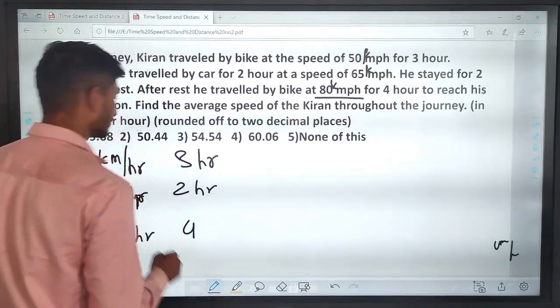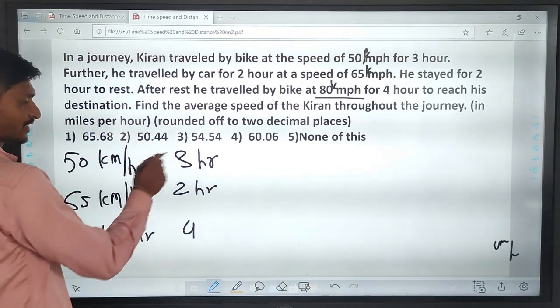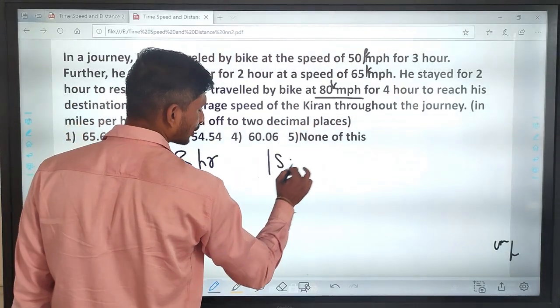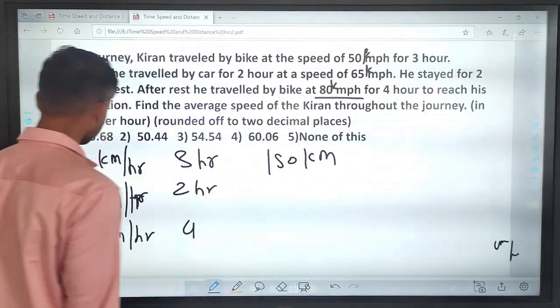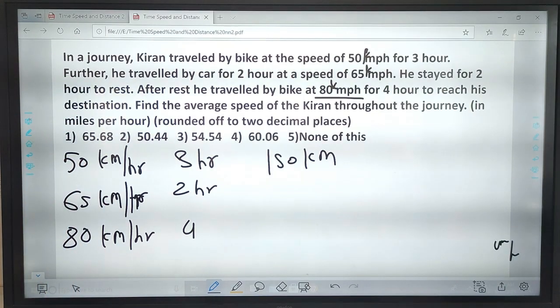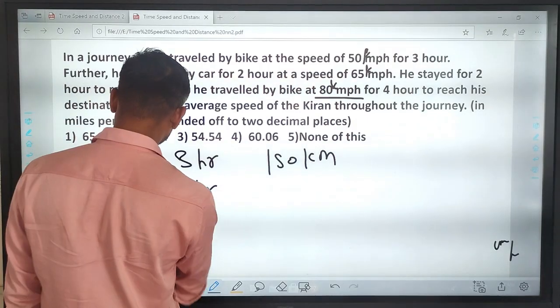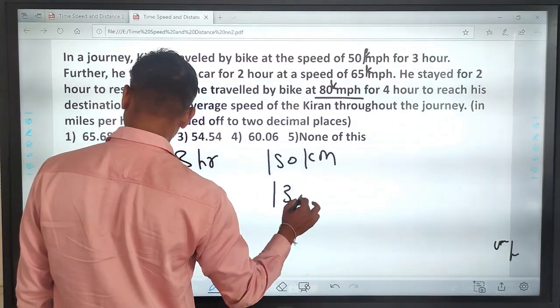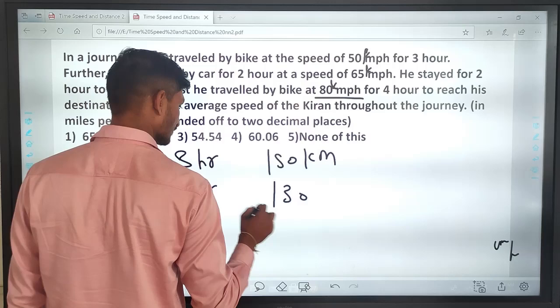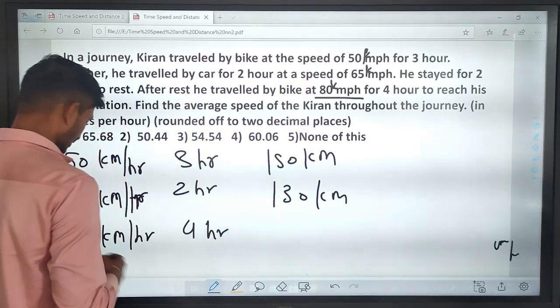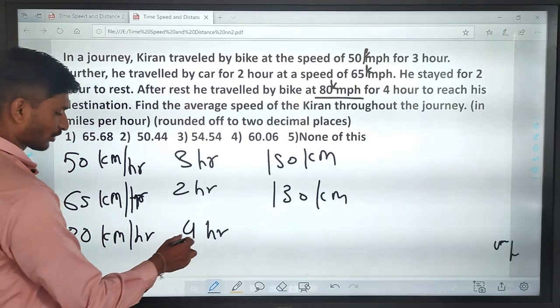Now the distance traveled at 50 km per hour in 3 hours is 150 km. At 65 km per hour for 2 hours it is 130 km, and at 80 km per hour for 4 hours it is 320 km.